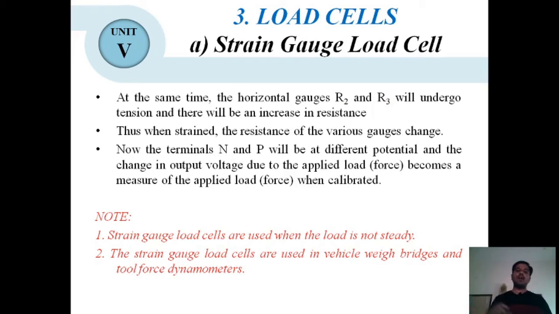Now the terminals N and P will be at a different potential, and the change in the output voltage due to the applied load becomes a measure of the force. Whatever output voltage we get, because of the potential difference between the junctions N and P, that deflection will indicate the amount of force applied on the steel cylindrical body.